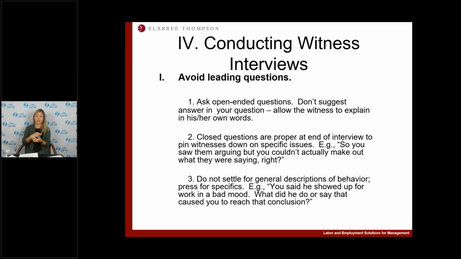If it's a phrase that someone is alleged to have said, ask verbatim what their memory is: what do you remember specifically that this person said? You have to get specific, and with certain interviews, it will take you a long time to get there. Some people are just not great at being specific in what they remember and how they tell a story.